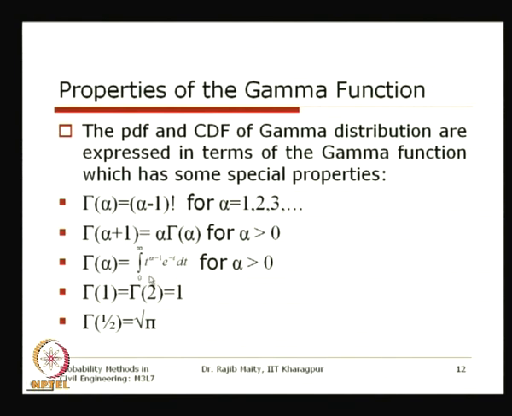This can be obtained from the numerical integration from 0 to infinity of t power alpha minus 1 exponential minus t dt, and this is generally available from some standard probability table as well. So we can calculate any value that we need for this gamma function, and this gamma function is useful both for the gamma distribution as well as for the beta distribution.